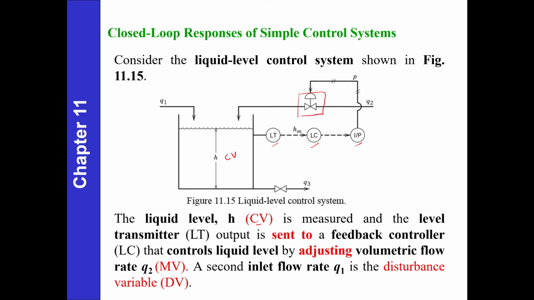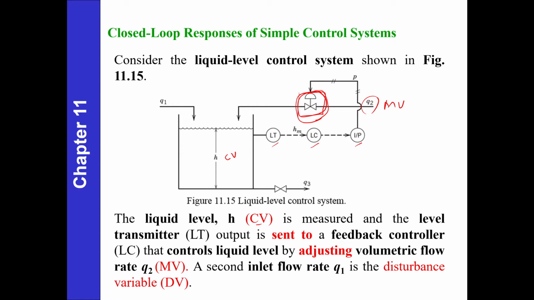And this is a manipulated variable. By looking at the instrumentation diagram, you can determine what your manipulated variable is. You can determine which stream should be the manipulated variable by looking at this control valve symbol.